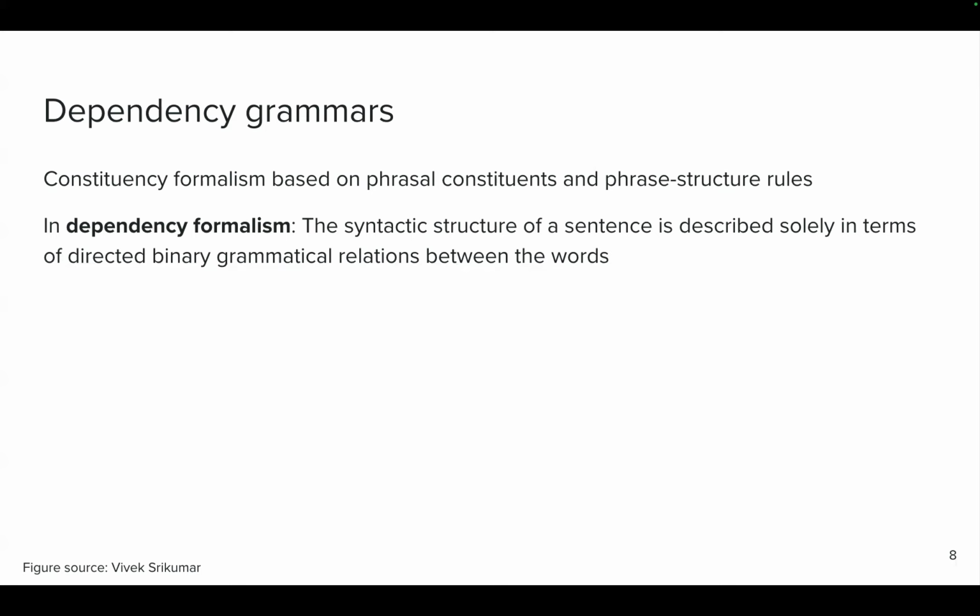Today, we are going to learn about a different formalism, and that's going to be the dependency formalism. When you follow the dependency grammar formalism to find the syntactic structure of a sentence, then we have dependency parsing.